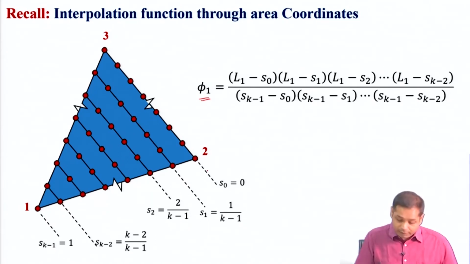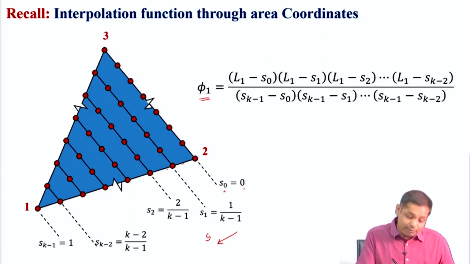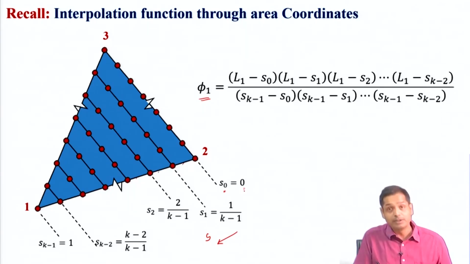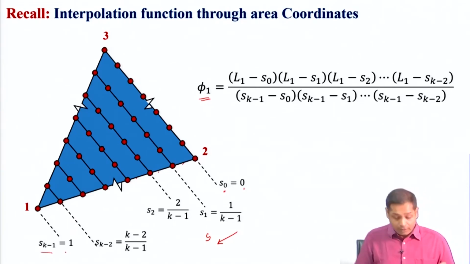For phi 1, if we construct a local coordinate system like S here, S0 will be 0 at that point. There are k nodes, it means that there are k minus 1 divisions. If you start from 0 here, S0 will be 0, and at this point it will be Sk minus 1, which is 1.